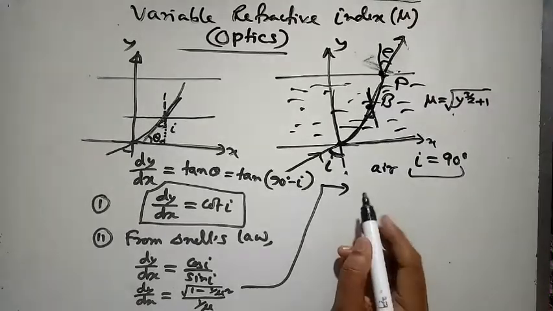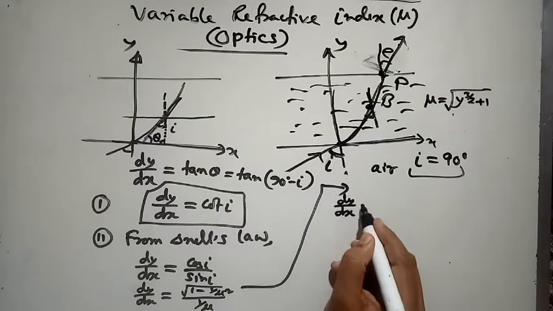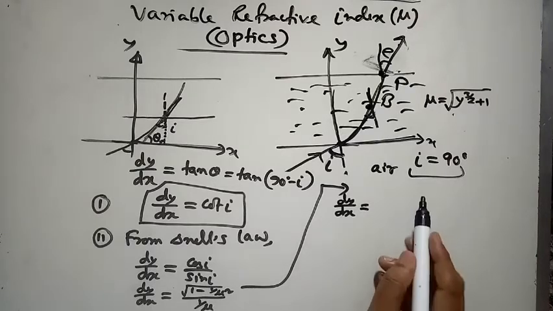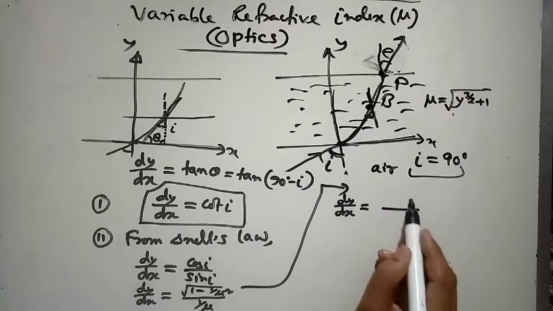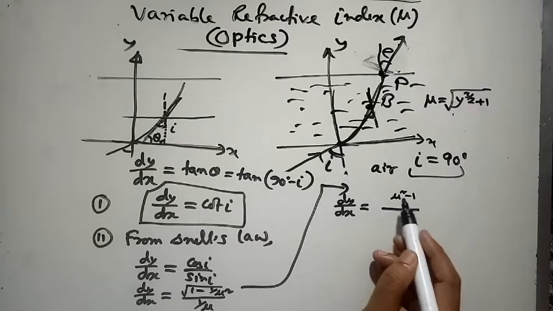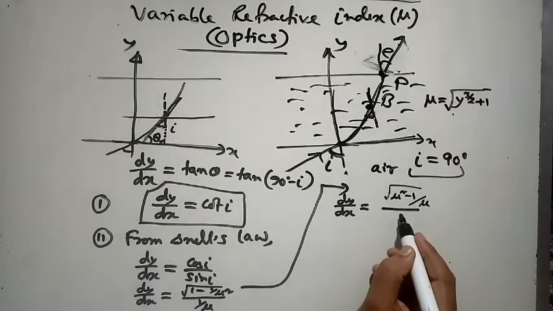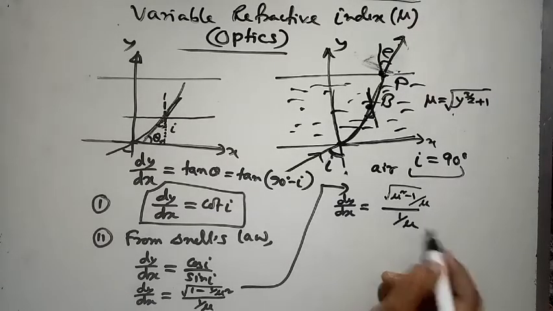What I am getting here, dy upon dx is equal, that it can be written as under root mu square minus 1 upon mu by 1 by mu.